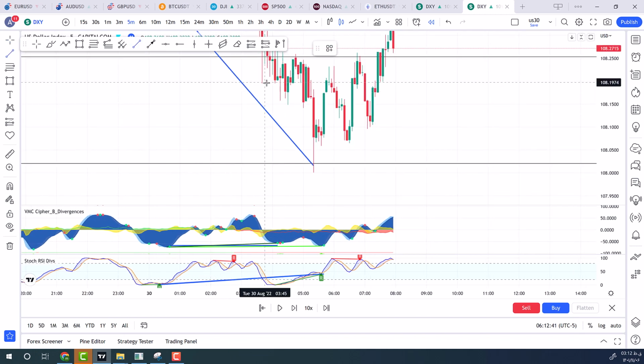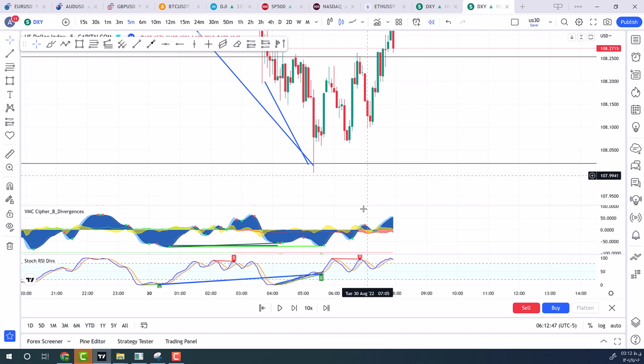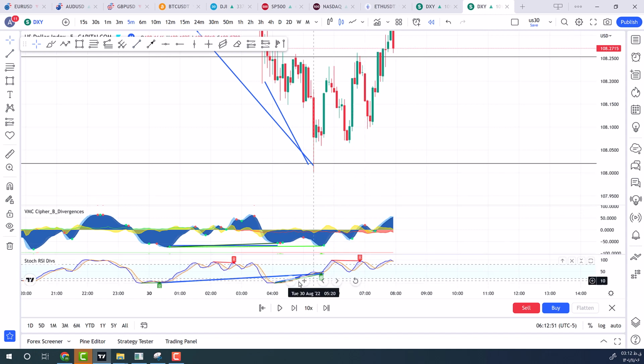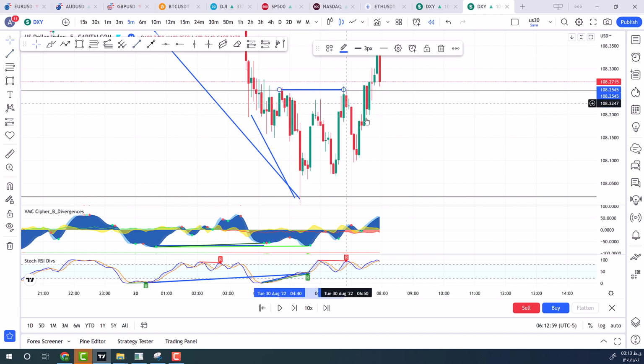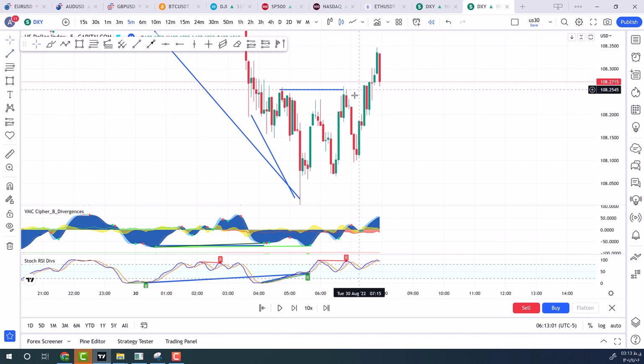You can see that the market is going down, and the stochastic and RSI are showing higher lows. You can see that this low is higher than this low. And do we have a shift? Yes, it is our shift from here. This shadow, you can see that shift.